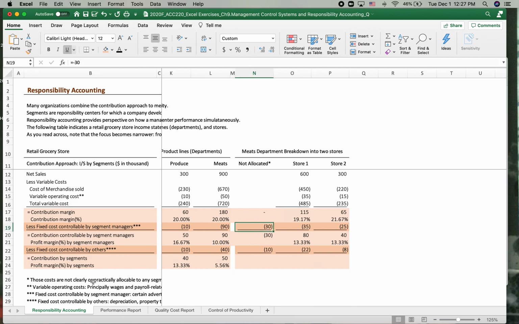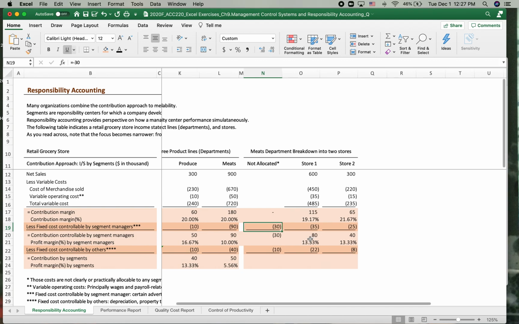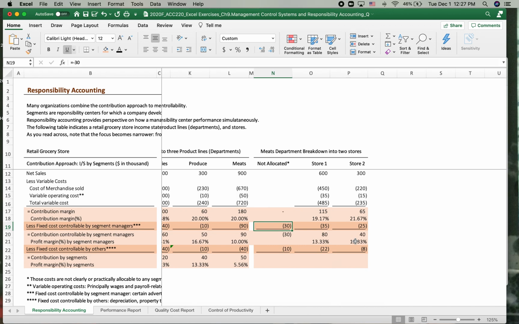Not allocated cost is the cost not clearly or practically allocable to any segment. After removing this 30, we see 13% and 13% exactly identical. So we cannot assign any responsibility for a lower profit margin by segment managers to a specific store.